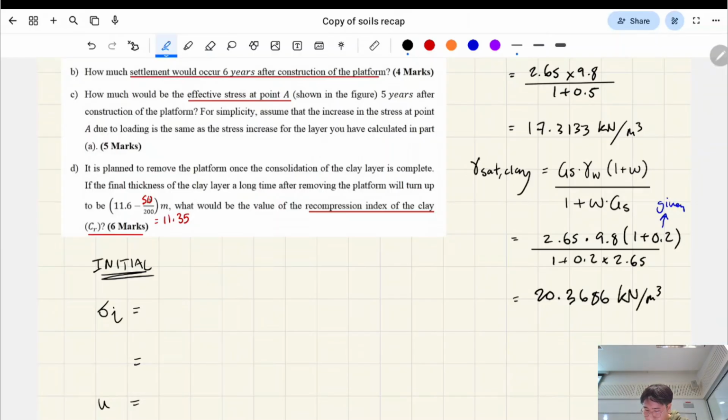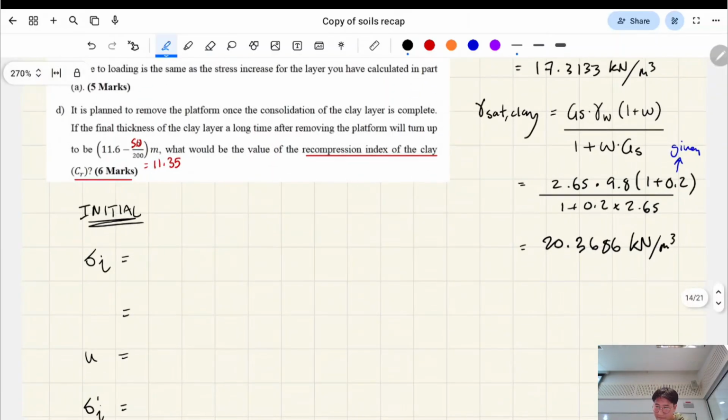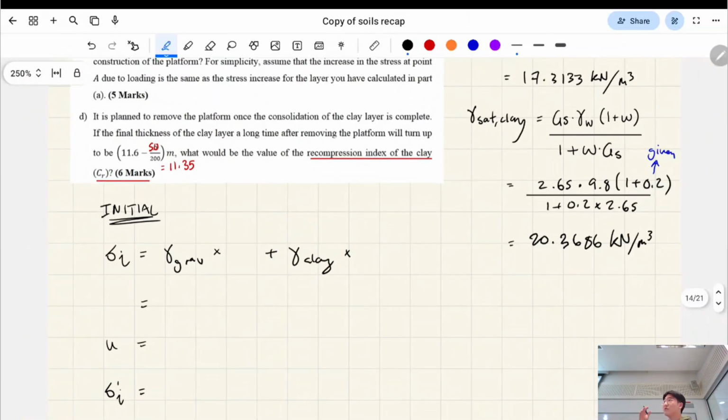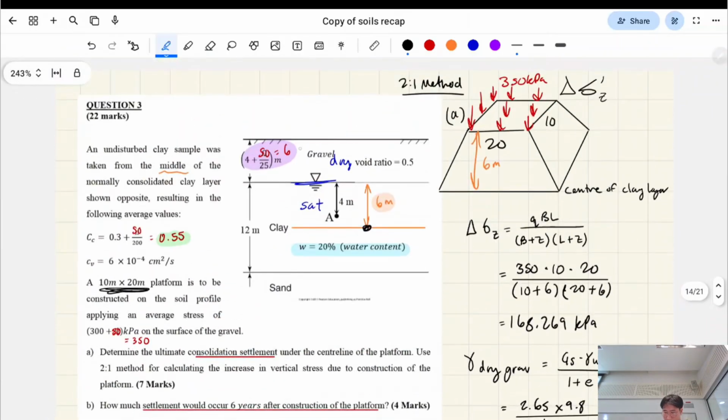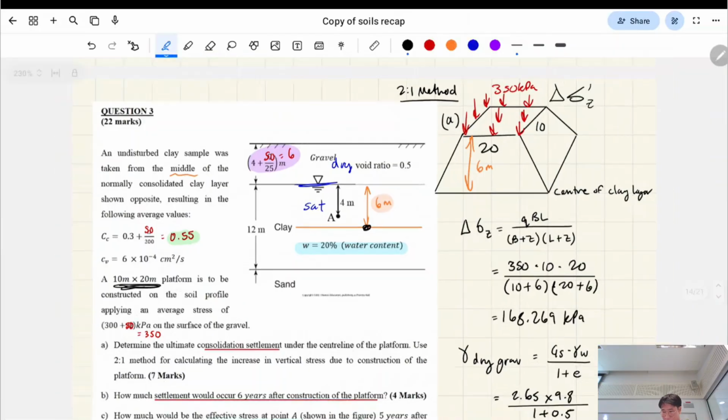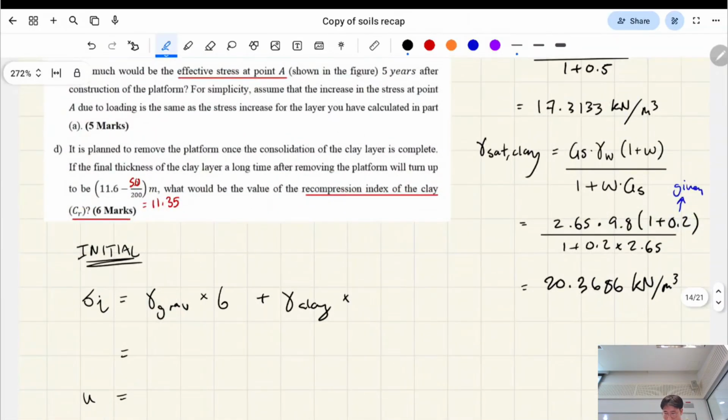Okay, cool. So now, we're going to add together these unit weights multiplied by the depths, right? So for the gravel, the gravel is ZID dependent, but for my case it's 6 meters, right? The gravel layer is 6 meters deep.